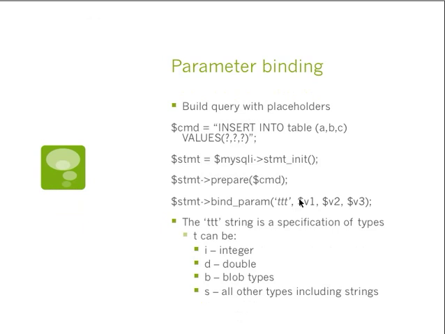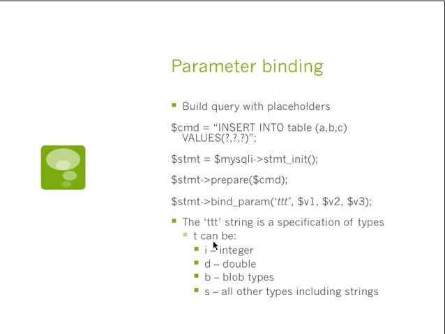So there are some variables that I would have in my program that I would use to bind to the specific parts of the command. So I would take the value of v1, put it into the first placeholder, v2 goes in the second placeholder, and v3 goes in the third placeholder. And then there's a string specification of the types of each of the variables.